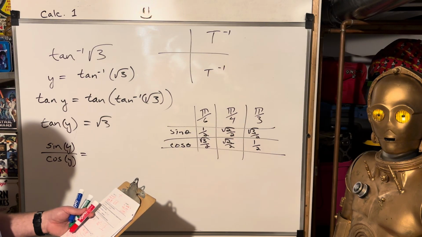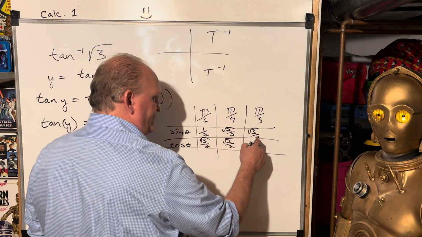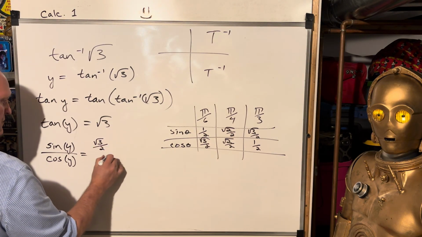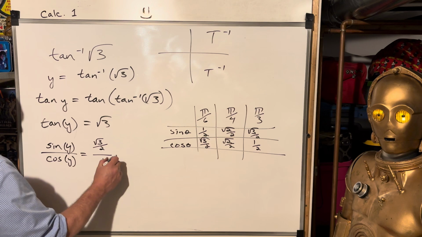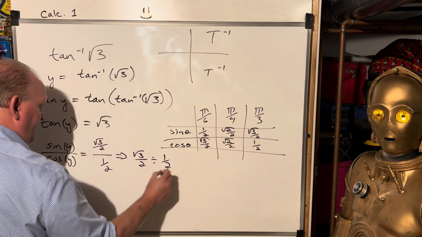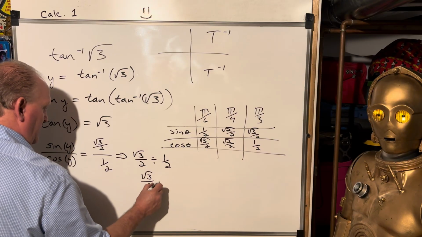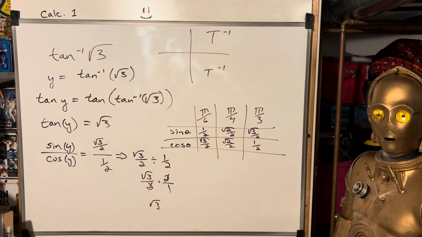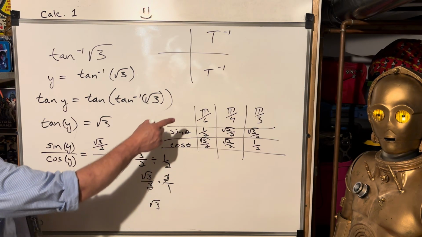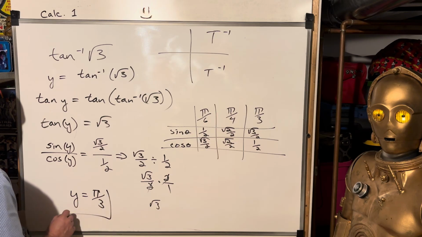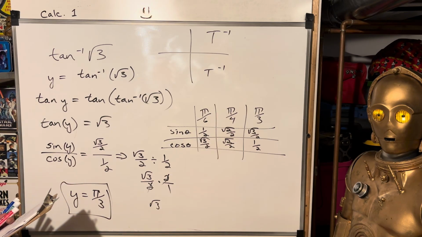That's going to be pi over 3, right? This over this. Because, right, that is the square root of 3 over 2 divided by 1/2, which is the same as times 2 over 1. And there's our square root of 3. So that's got to be pi over 3. Y has to be pi over 3. All right.